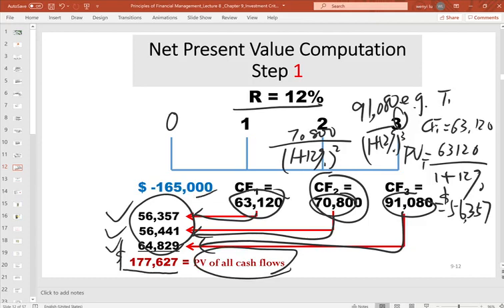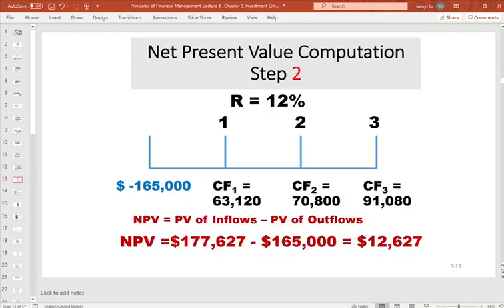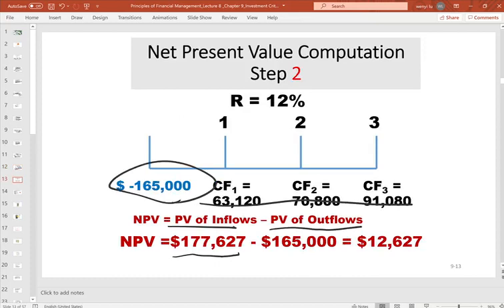What's your initial cost? $165,000. Let's compare these two amounts to see which one is bigger. 177,627, the PV of all the future inflows, minus the PV of outflows at time 0, your initial cost.